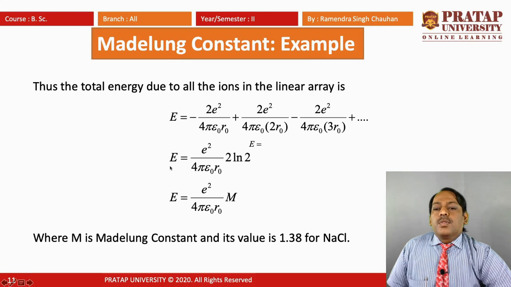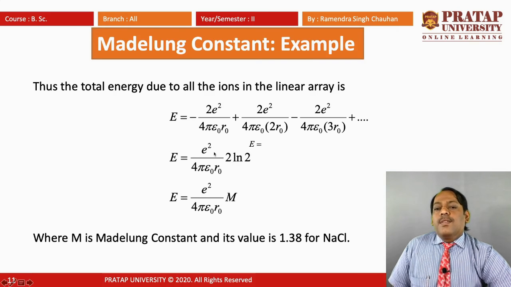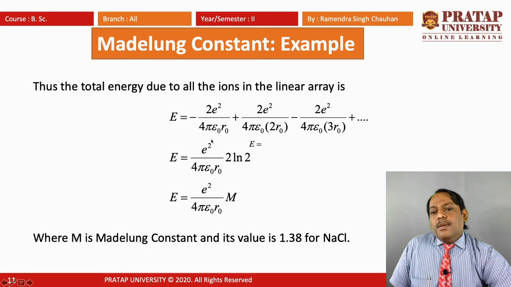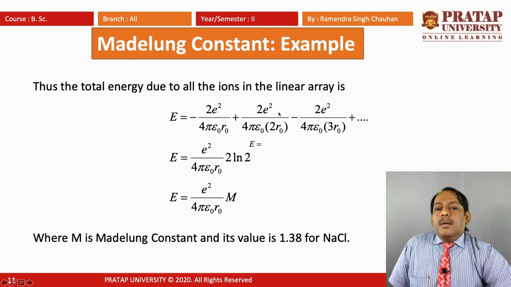So energy will be equal to, if we take 2E square upon 4 pi epsilon naught R naught as constant, then we will have minus 1 plus 1 upon 2 minus 1 upon 3 plus 1 upon 4 and so on, and that will be equal to the value of ln 2.